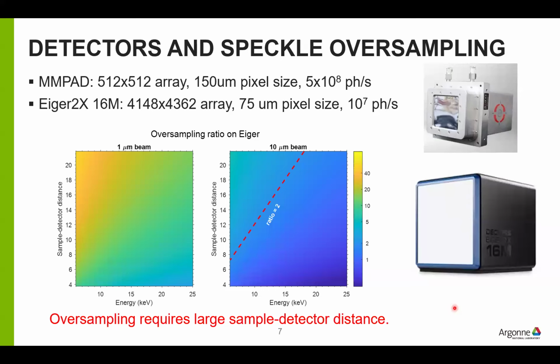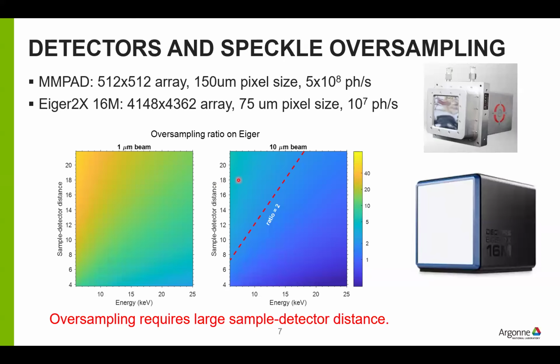I guess one more important detail of this technique is that the ability to invert the phase and apply these iterative reconstruction algorithms depends on oversampling the speckle pattern from the sample, and so you need to position your detector where the pixels will be actually smaller than the typical size of the speckle.